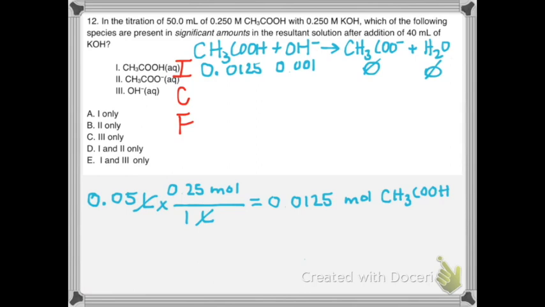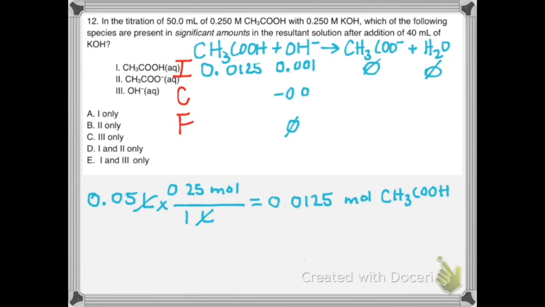So in this reaction, we can think about which is our limiting reagent. So which will we use up all of first? And we just have a reaction that's 1-to-1. So we'll just choose the species with the fewer number of moles, which is the OH minus. And so we're going to use up all of the hydroxide.